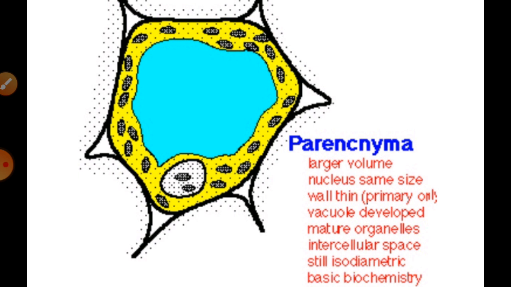Xylem always conducts the water, and phloem is always helpful for the conduction of food in the plants.